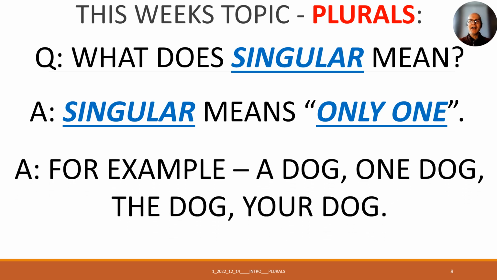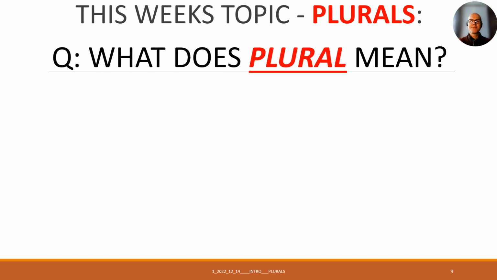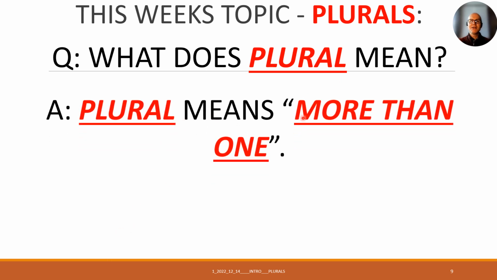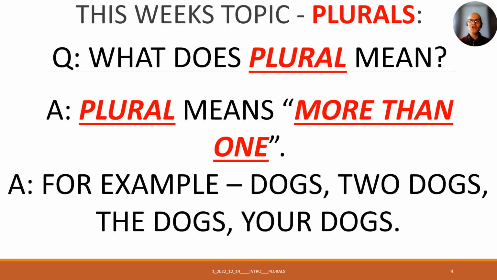For example, a dog, one dog, the dog, your dog. Now, what does plural mean? Plural means more than one of something. For example, dogs, two dogs, the dogs, your dogs.